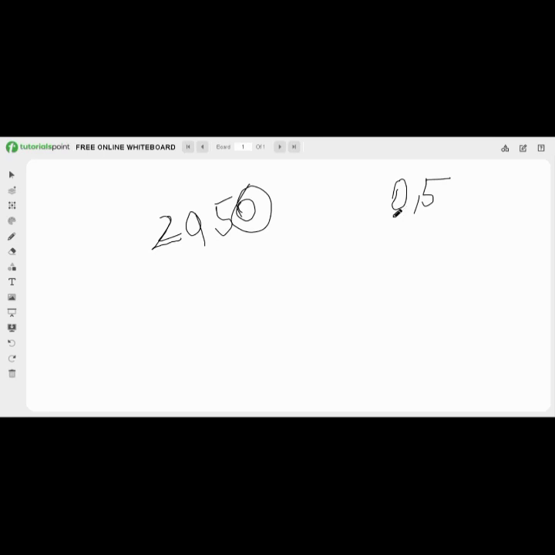Here the number is 0, so this number is divisible by 5. Let's try an example: 29505295.